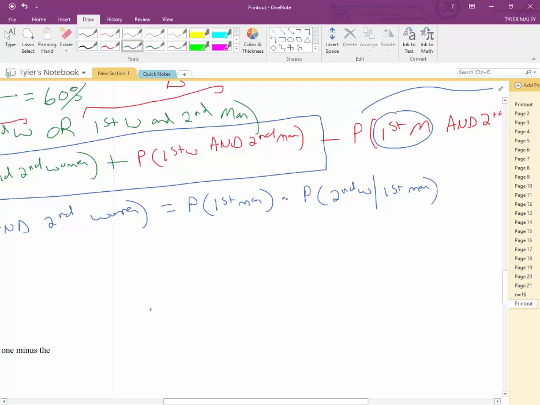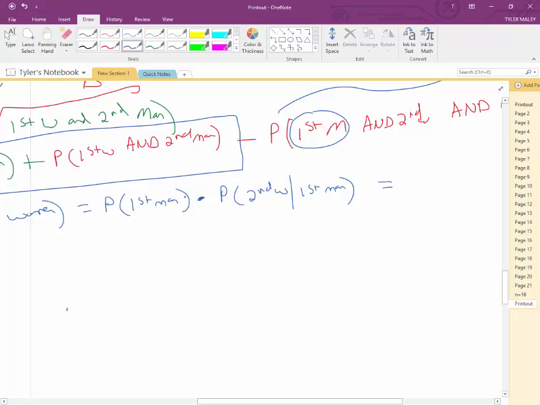Right, we have a conditional probability, so just applying that rule. So the probability that the first is a man is 3 out of 6, right? The probability that the second is a woman given the first is a man would be 3 out of 5, right? So again, the reason why this is a 3 is because there are 3 women left, right? The first person we took out was a woman, right?